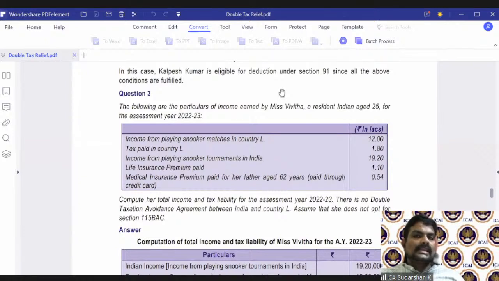Now, an examiner would generally want to test, in terms of Chapter 6A deduction, and find out what is the relief available. So without trying to look at the answer, just try question number 3 and see if you are able to arrive at the exact relief under Section 91.